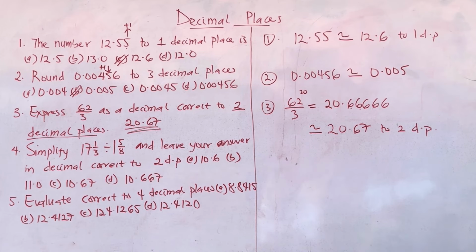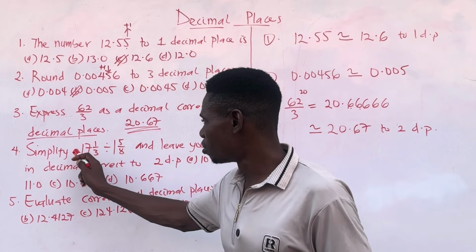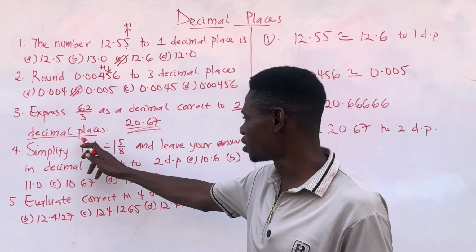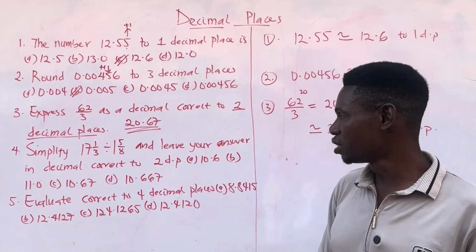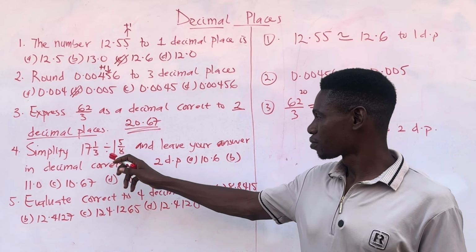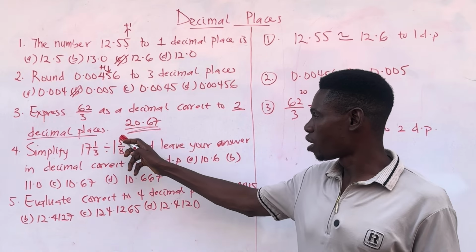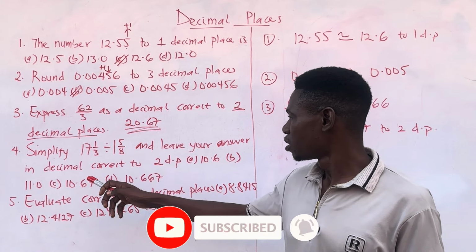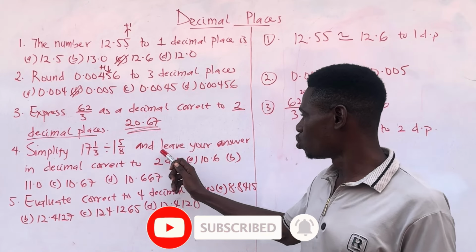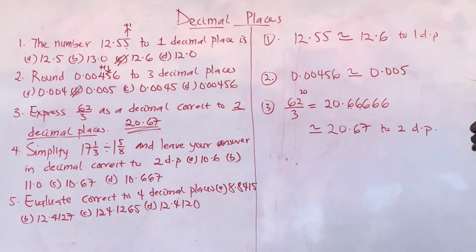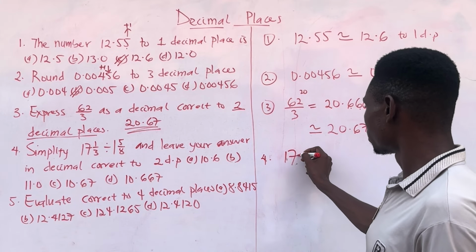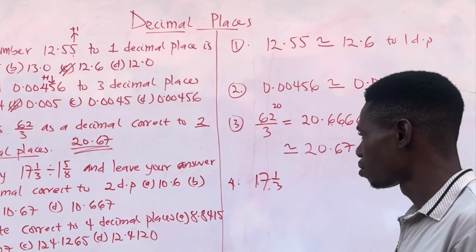So number 4 says simplify. Remember we've done fractions earlier in the series. So simplify 17 and 1 over 3 divided by 1 and 5 over 8, and leave your answer in decimal correct to 2 decimal places.